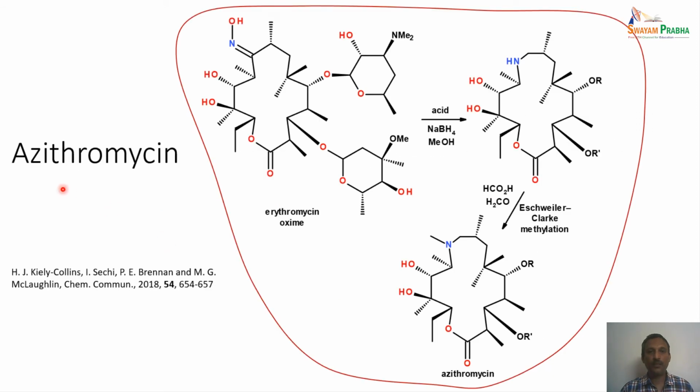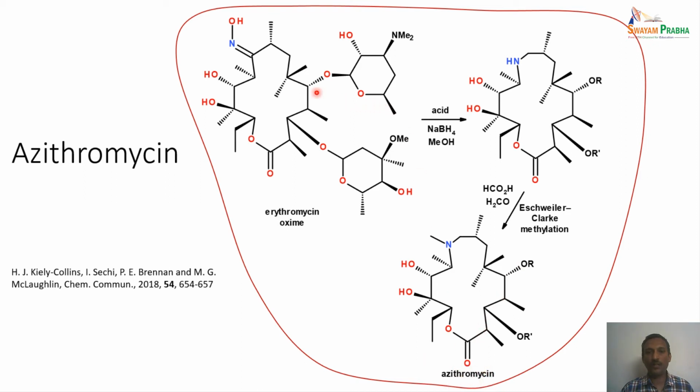The next one is the synthesis of azithromycin. Azithromycin can be synthesized from erythromycin oxime. So this is the erythromycin oxime part. This undergoes Beckmann rearrangement in the presence of acid, and after further reactions with reduction and Eschweiler-Clarke methylation, finally azithromycin is formed.